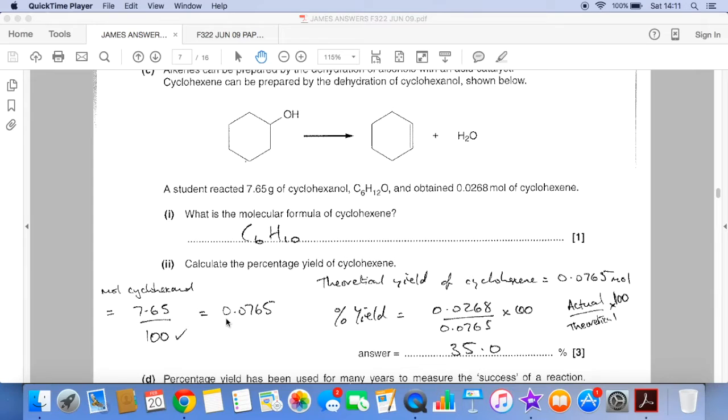So the student used 0.0765 moles of cyclohexanol. The 1-to-1 ratio in the equation would say that the theoretical yield of cyclohexene should be the same, but that's all they got. So as a percentage, it's the actual over theoretical multiplied by 100, and there's the answer there, 35%.